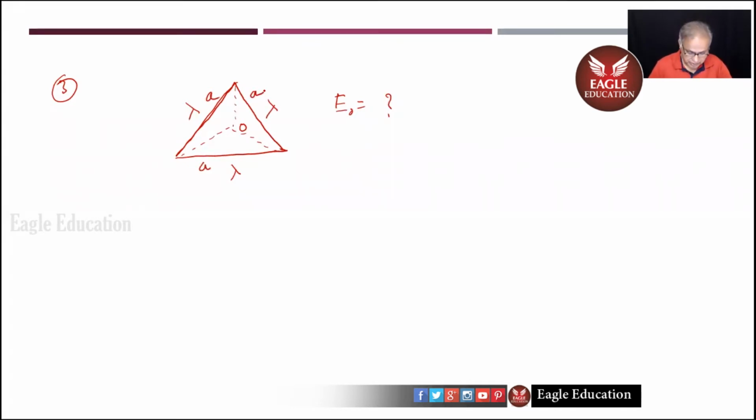You need to make an effort. Sir, we can use the formula 2k lambda by y into sine theta.